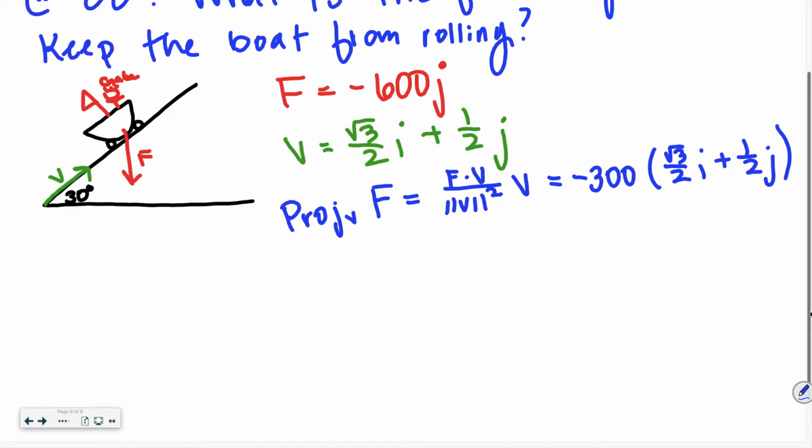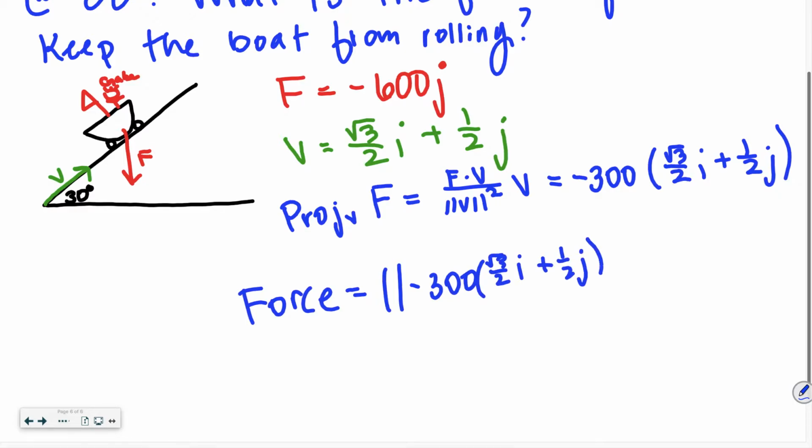So the force to stop it is going to be the magnitude of this. I meant f plus the projection of f should equal 0. I see what you're trying to say. What was the magnitude of this?